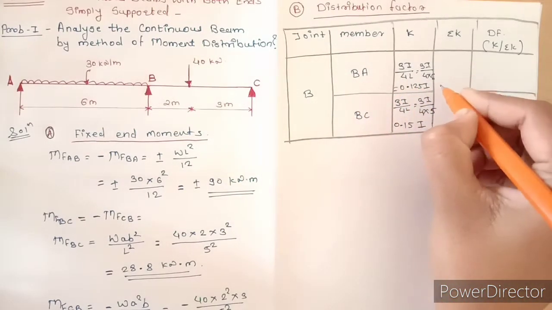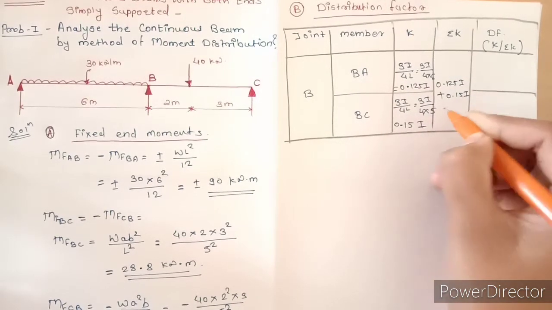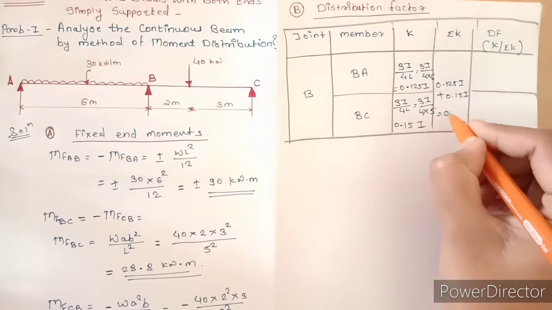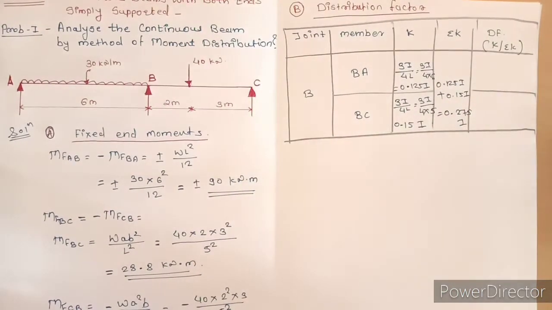So 0.125 I plus 0.15 I is nothing but 0.275 I.